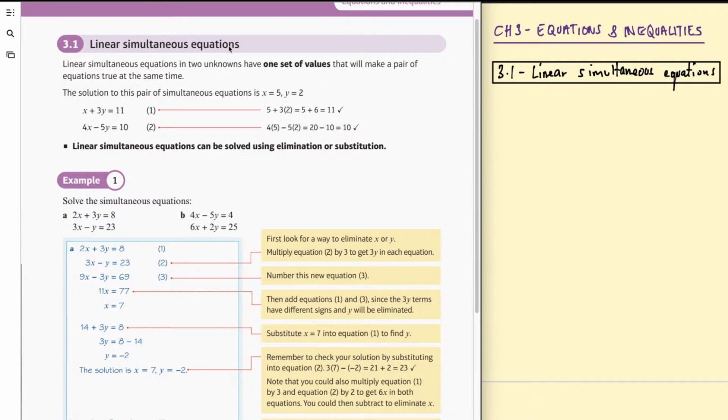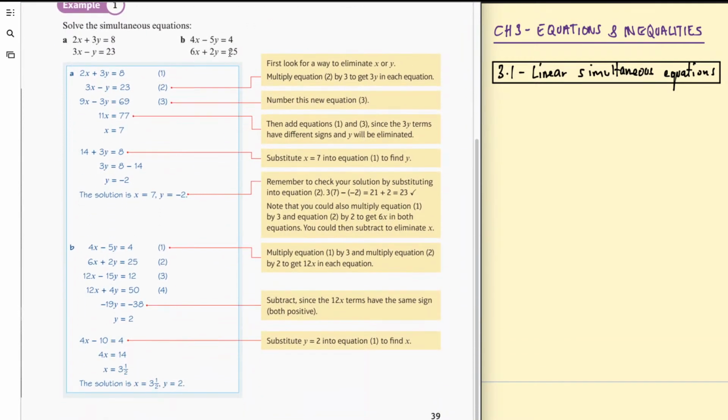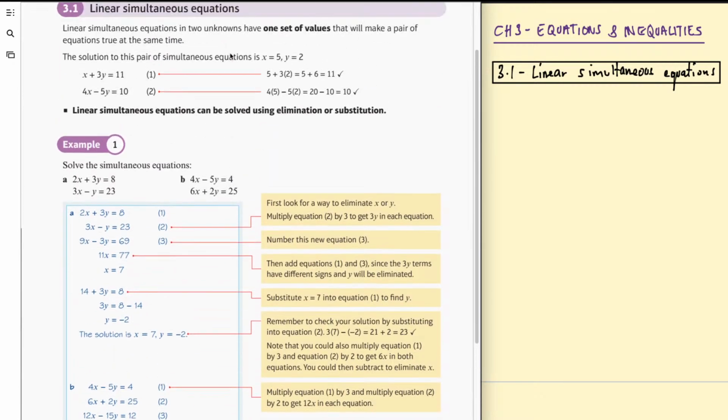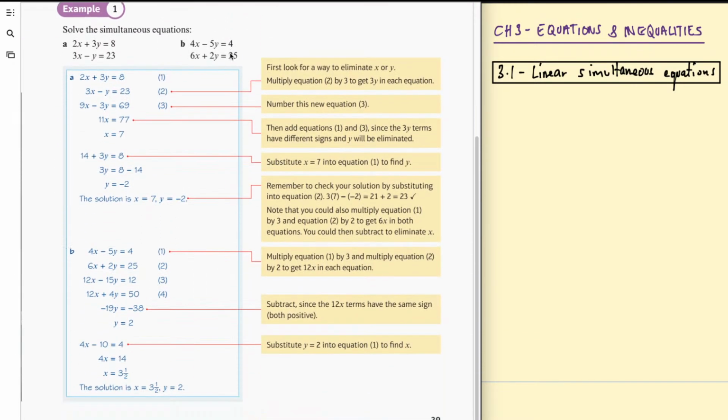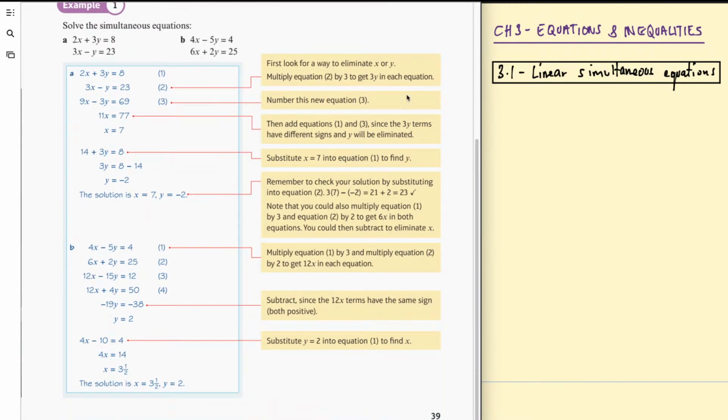Linear simultaneous equations. What can I say? I've taught this to year 9 classes, even to some higher year 8 classes. I'd be hoping if you're doing A-level mathematics, you would be pretty confident at this.